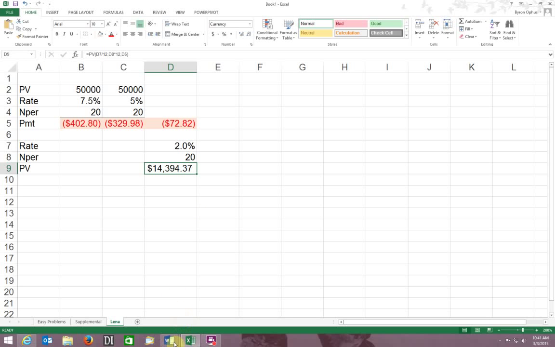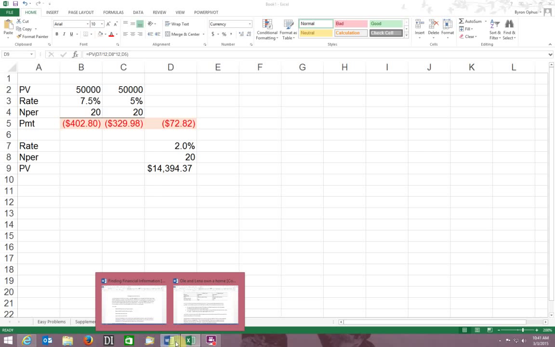Okay, so how's the other way to calculate it? Well, let's take a look at that. I kind of explained the different ways that I want you to look at it. The other way was, what would happen if I saved that $72.82 for the next 20 years, but if I hadn't refinanced my mortgage loan, I'd still have that $5,000.